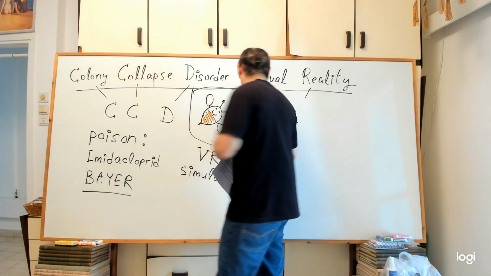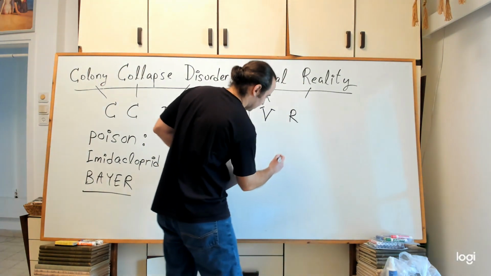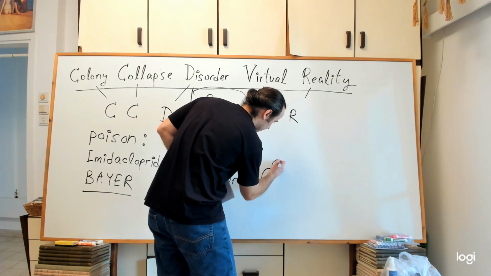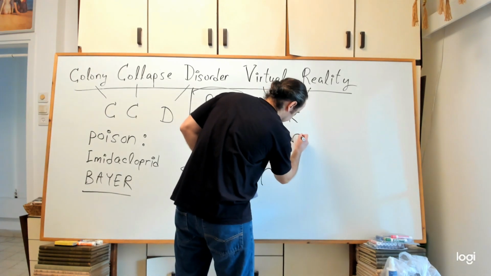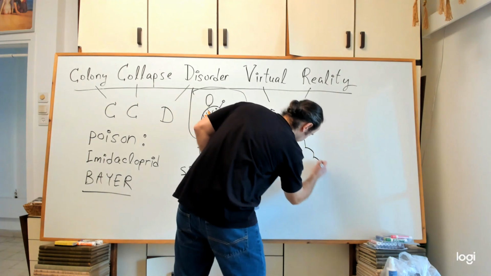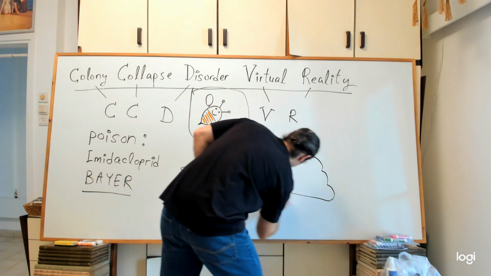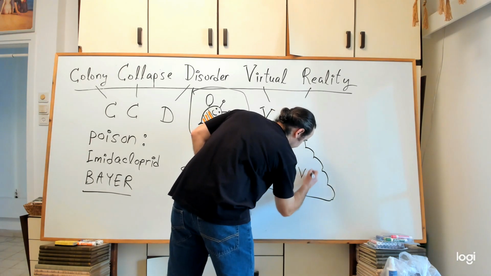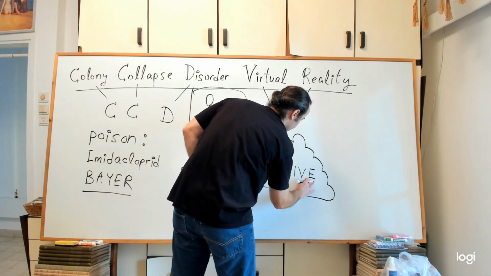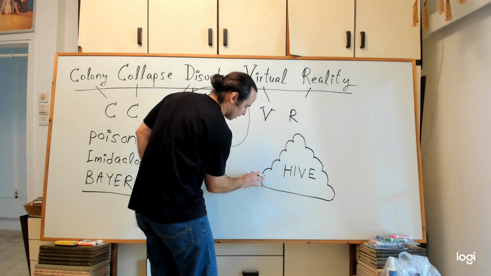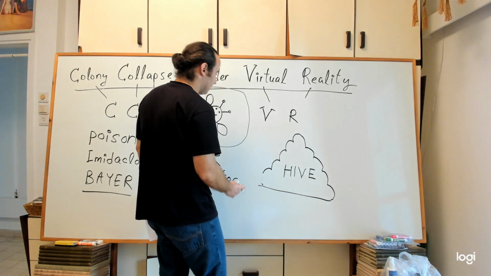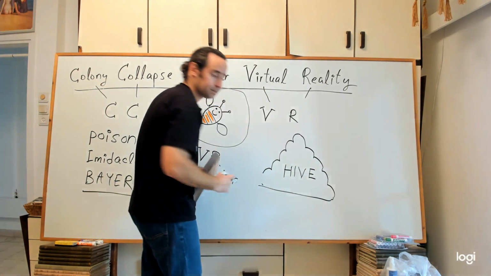Okay, so if we have the beehive, let's draw it like this. Hive. And it's got a single exit and entrance. Okay, this is the entrance or the exit. And we put this here.